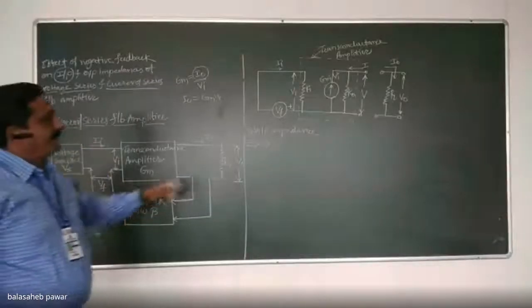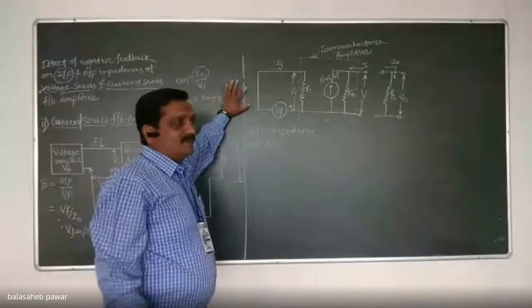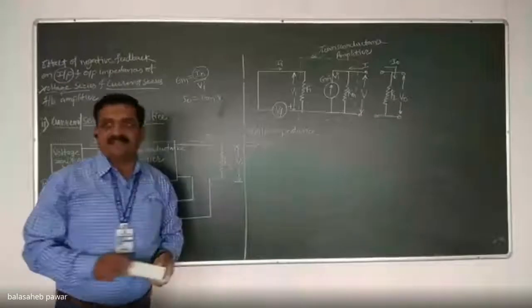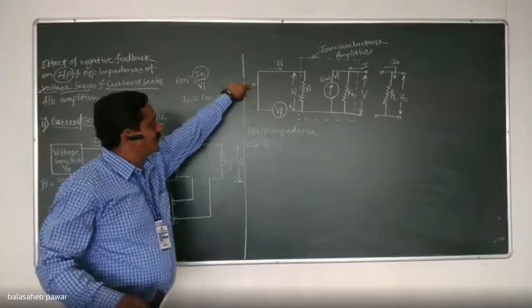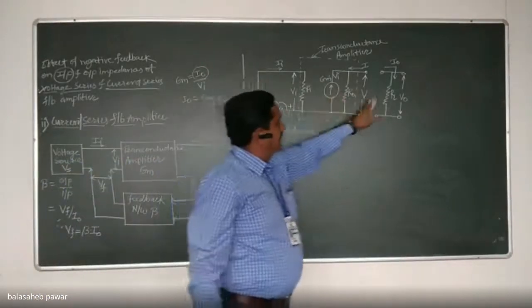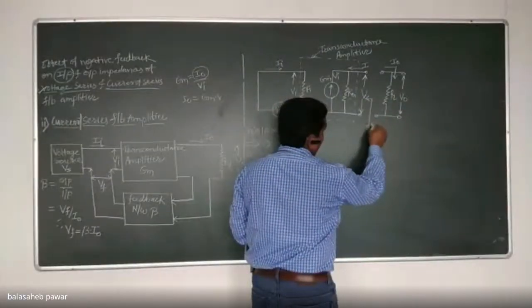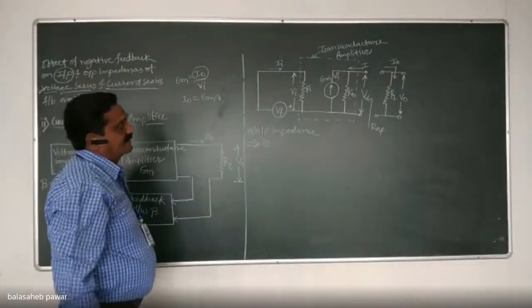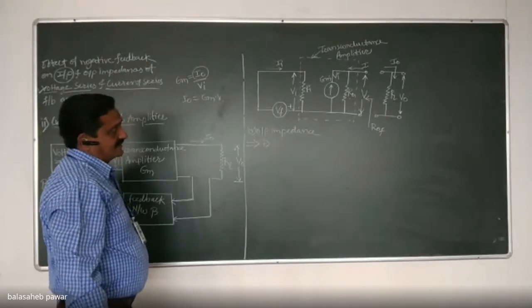To measure the output impedance, the requirement is: first, make the input signal source 0. Here, as the input signal source is a voltage source, to make it 0 we have to short it. That's why I showed it short circuited. And second, disconnect the RL, and then measure the output impedance like this. This is nothing but ROF, output impedance with feedback. Note down that voltage and current as shown in the diagram.